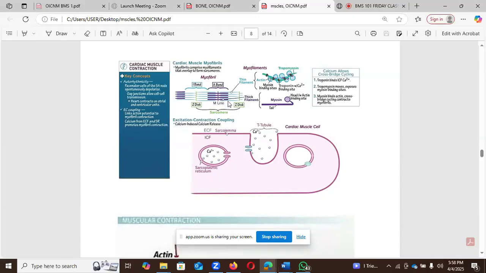So the I band and the A band are present in the cardiac muscle and in the skeletal muscle, and that is why it has striation. That is what makes the muscle have lines.